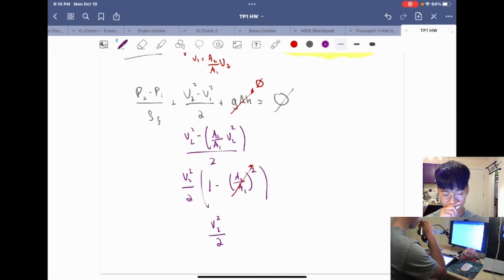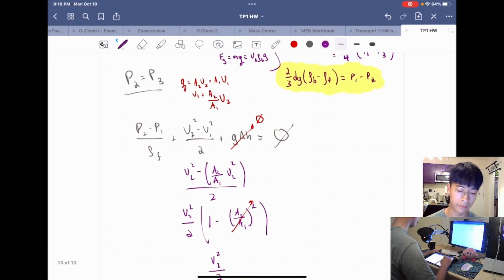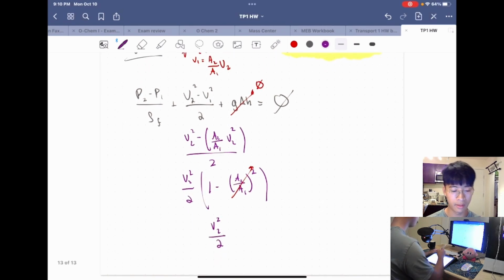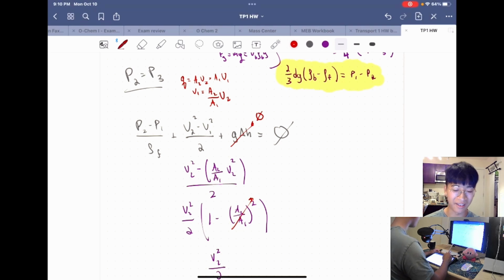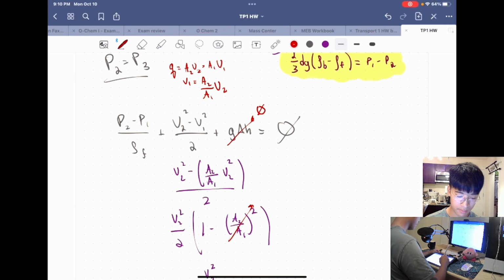Okay, so now what? Recall that we're looking for the volumetric flow rate. By the continuity equation again, the volumetric flow rate is equal to A2 multiplied by V2.